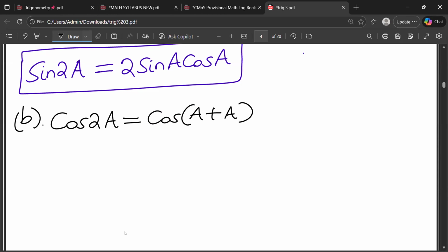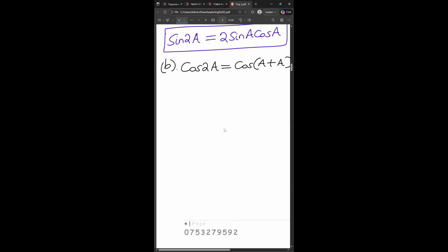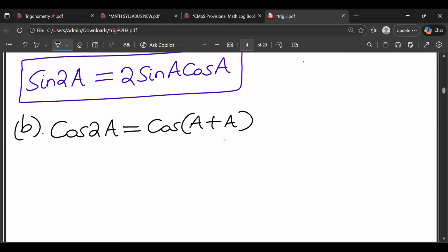You recall that for cos it is cos, then sine.